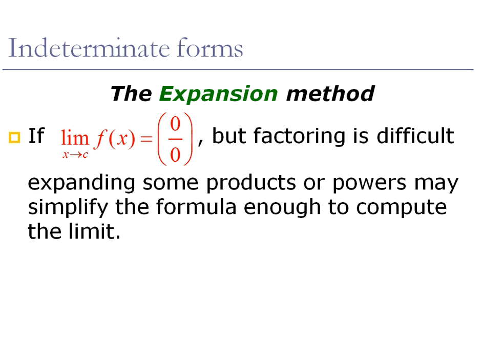What we can do is try to expand the sums, products or powers in the top and or in the bottom. And we do this until the formula becomes easy enough that we can actually go back to factoring and canceling and therefore computing the limit. So this is really sort of a sub case of the factor and cancel method. We have some other cases to consider, and that will be done in the last video.